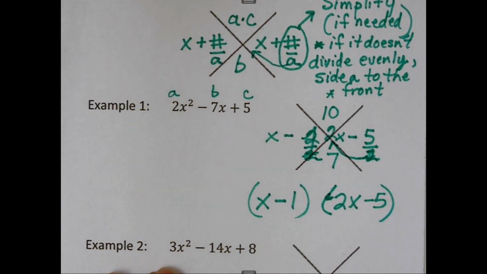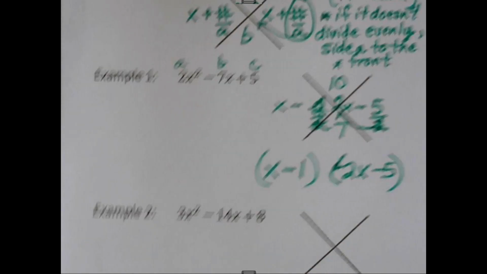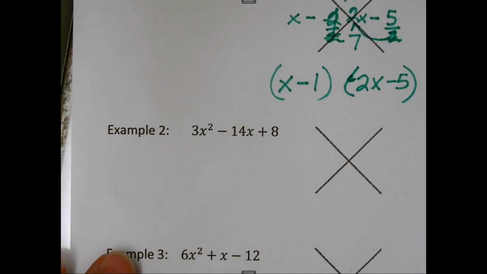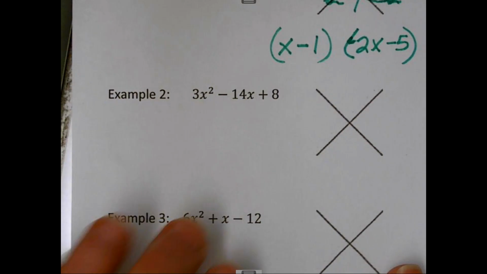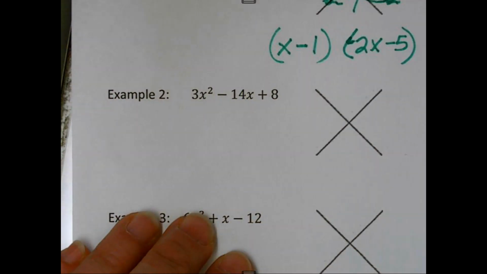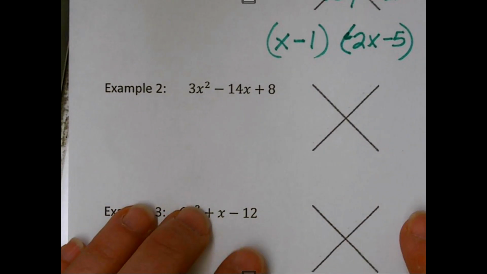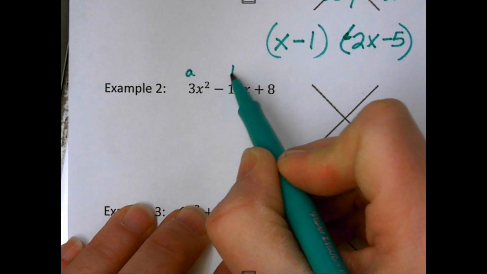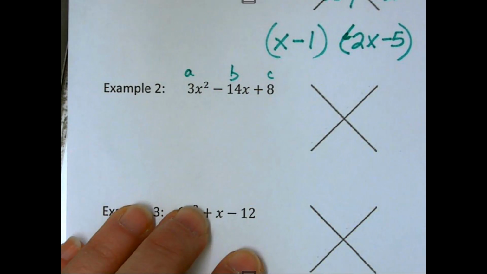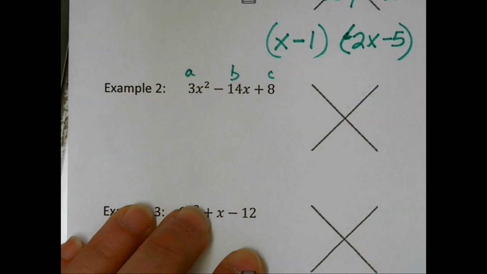Hopefully we can remember the rule as we do example 2. Or you can look at the top; I just can't show it as I'm sliding this down. First step, if you need to, label it A, B, C. I think that helps. To get the top, if you look at your rule, it's A times C. 3 times 8 is 24.